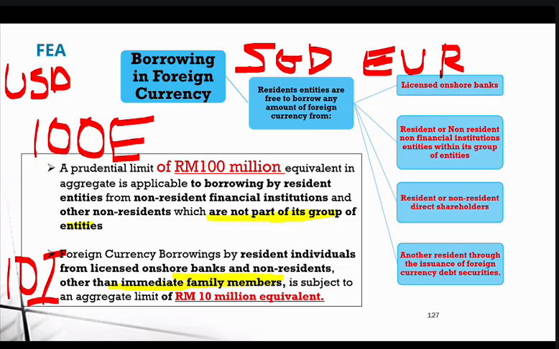You're all correct. Tell me the reason why I didn't violate the FEA rule, even though I went above 10 million ringgit as an individual. Why did I not violate this rule? Because you're borrowing from family members. Yeah. I'm borrowing from an immediate family member.